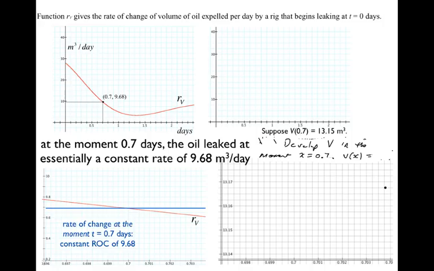So v sub x equals what in the moment 0.7? V sub x equals what in the moment 0.7?